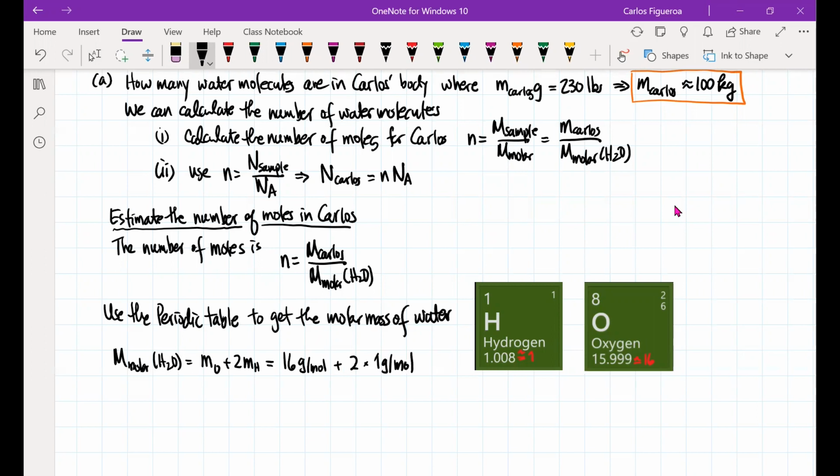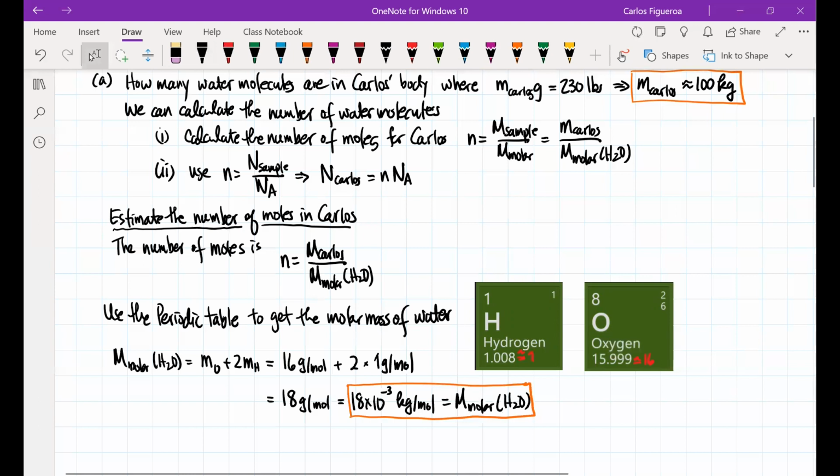This will be 18 grams per mole, but that's not in proper units. So this has to be 18 times 10 to the minus 3 kilograms per mole, and this is the molar mass of water.